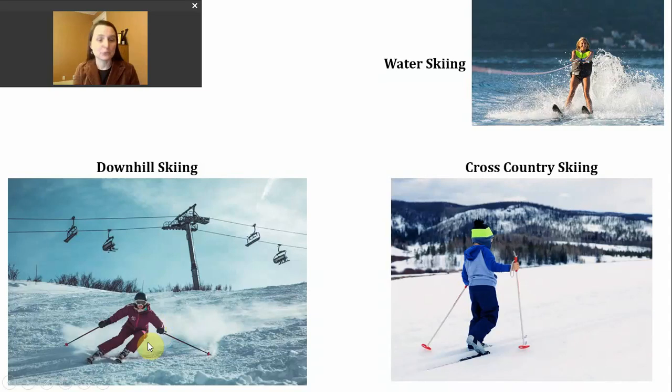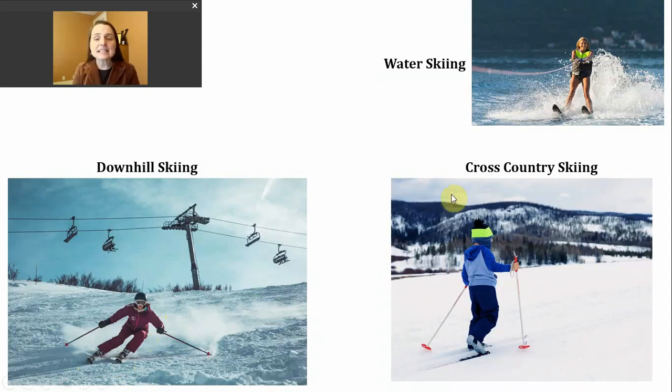And then they will do what this person is here. They are skiing down a hill. It kind of makes sense how it gets its name. And the objects connected to this person's feet, those are the skis. We'll look at that noun a little bit later. You can see the person has poles to try and help maintain their balance.